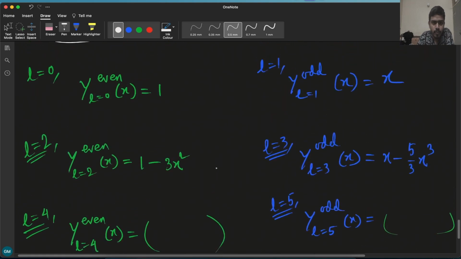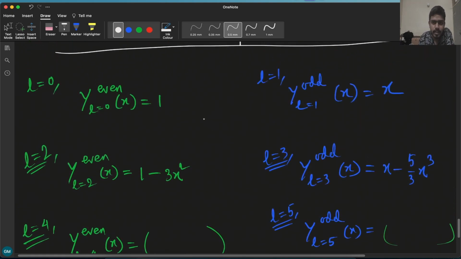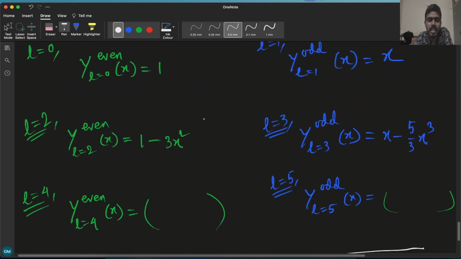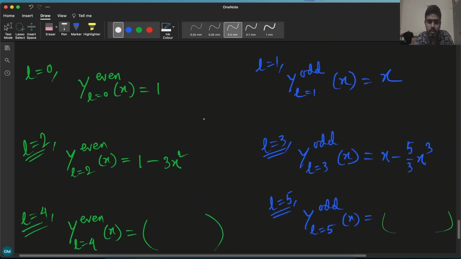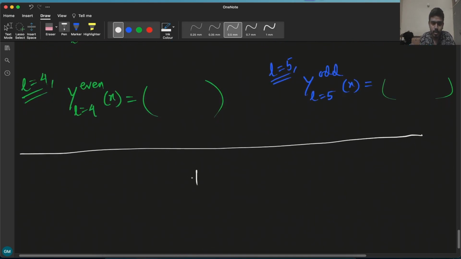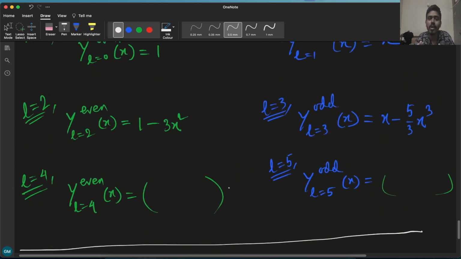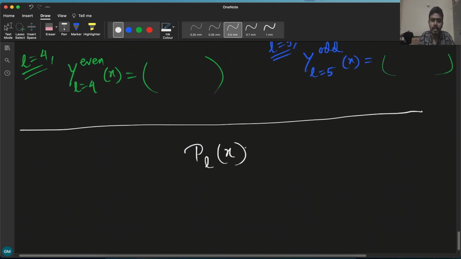So now these polynomials are basically called the Legendre polynomials. This P_L(x) is subjected to a normalization factor. So P_L(x) is not exactly y even or odd, L(x), it is not exactly the same. It is subjected to a normally constant factor.